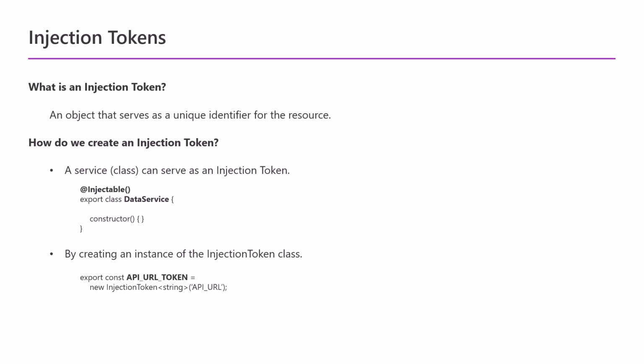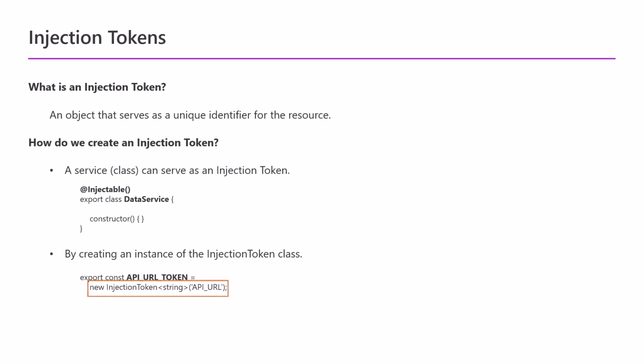Well, for services, it's quite simple. The class itself serves as an injection token. For resources that are not services or not classes, there's another way in which we can create an injection token. And that's by creating an instance of the injection token class.